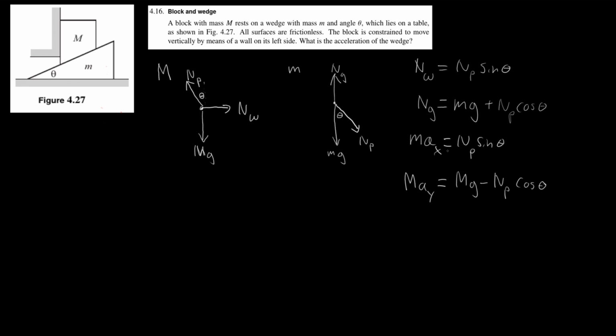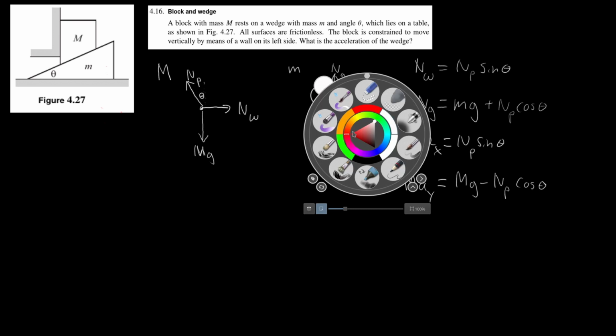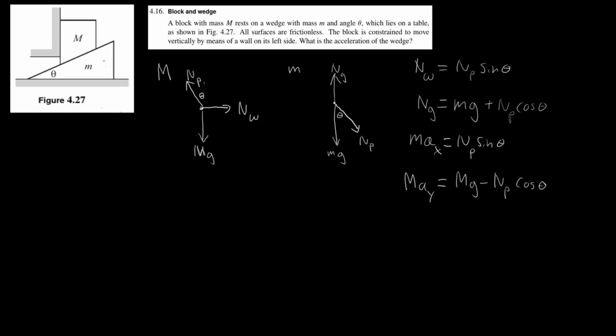However, we still need one more equation to describe the connection between the x acceleration and the y acceleration. And in order to do that, we have to take a closer look at the diagram that we were given. So you can see that this large block is sitting on a plane, and if we were to push this large block down a certain amount y, you can see that the plane would have to move accordingly a certain amount x, and this amount is actually described by tangent of theta is equal to y over x.